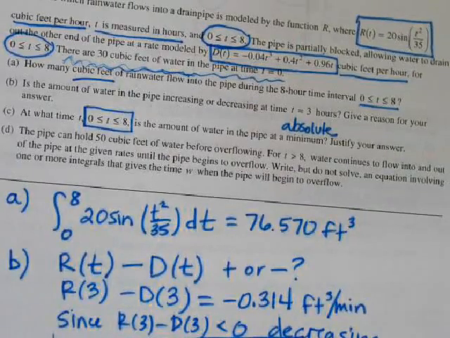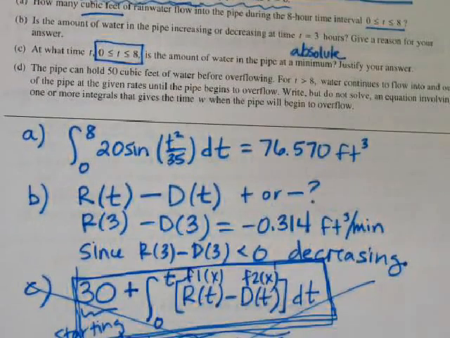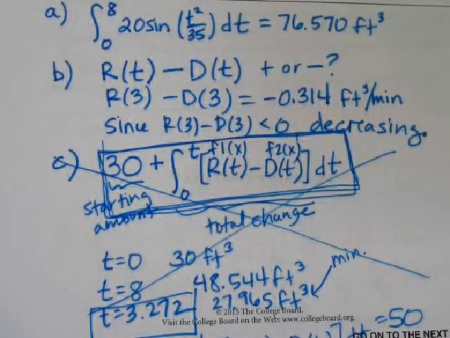This is a very similar problem, except instead of gravel in and out of a pipe, it's gravel in and out of a plant, but it's the same thing. So we'll just do part B on this one. I just wanted to show you, we'll do the other parts on Saturday, but this is very similar to that problem that we just did.